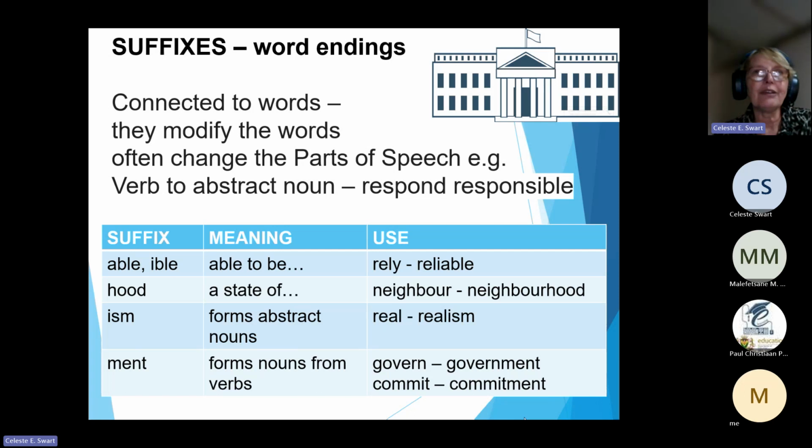Realism. And every now and then the isms come back and bite us, because when something is trending, they suddenly put the ism at the end to show traditionalism, racism. Those are the sort of isms that show these specific words to you. Ment forms nouns from verbs. You take govern, it becomes government, and commit becomes commitment.